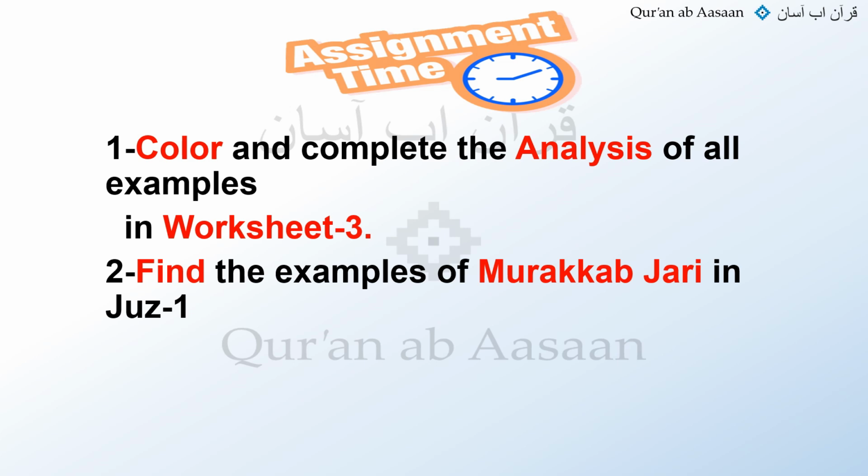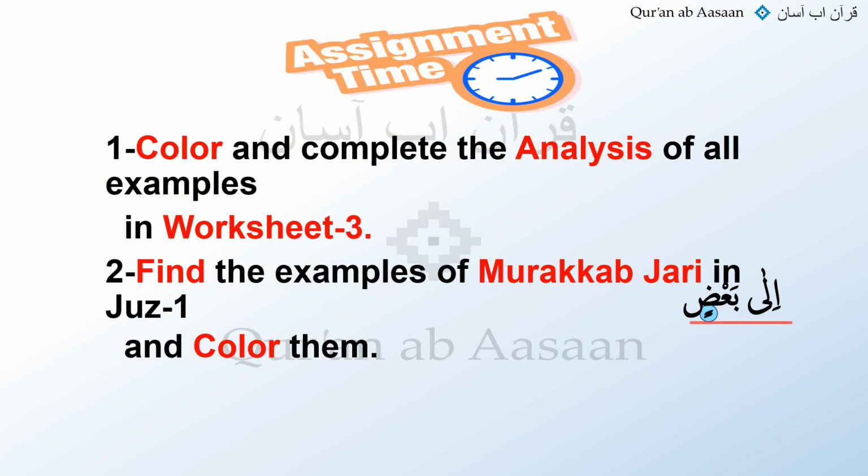We will be looking for the colored nouns, already colored nouns in jar, and then we'll be looking behind them for the harf jar, and also we'd be looking to find the nouns that we may have missed to color in the last assignments, like bis sabri and bil akhirati, the nouns like those. Okay, and ila ba'din, yeah, it's just some examples here that I have added. Ila ba'din, we have already done this.